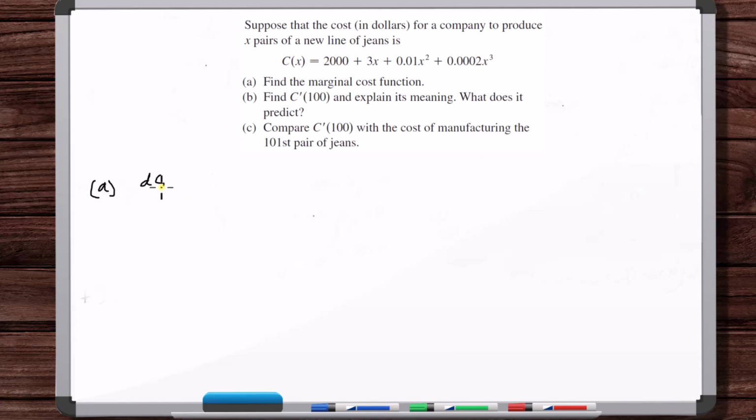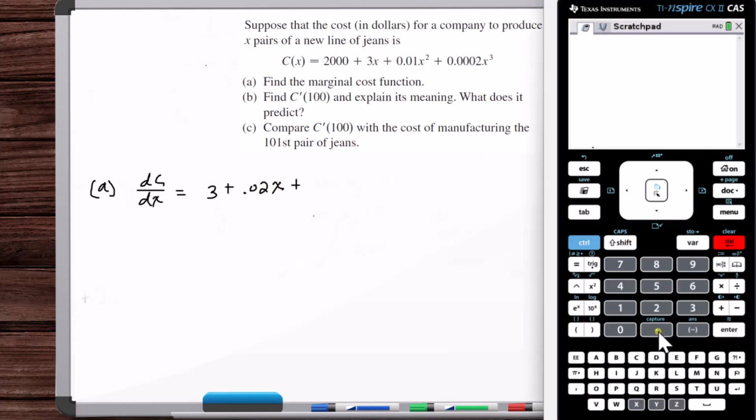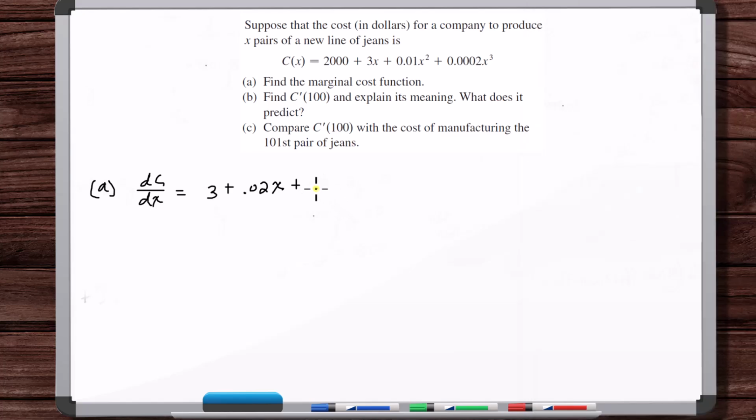So dC/dx is, take this derivative, 3 plus 0.02x plus 0.0006x squared.